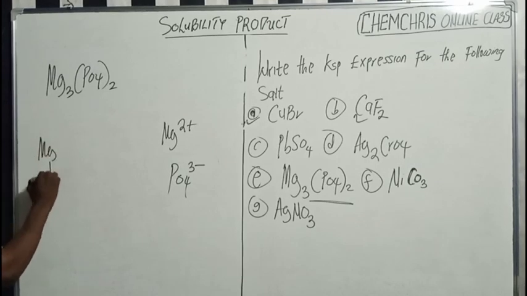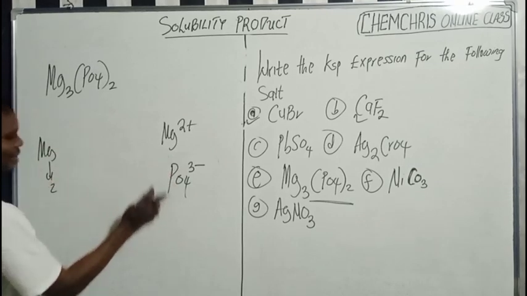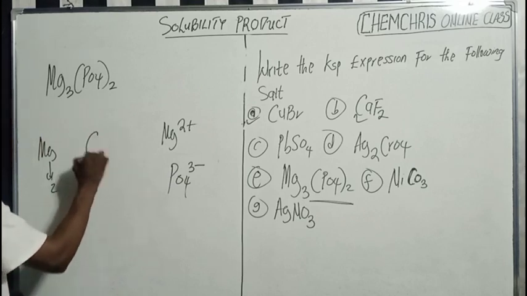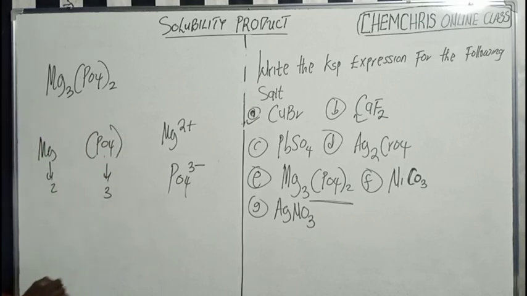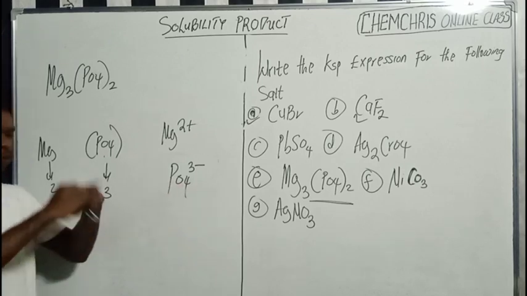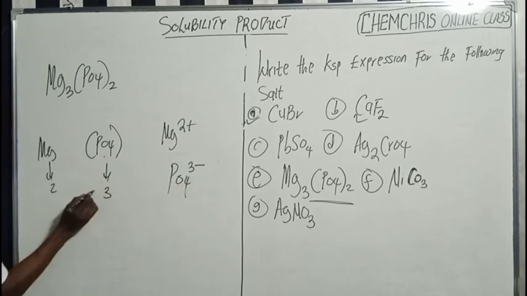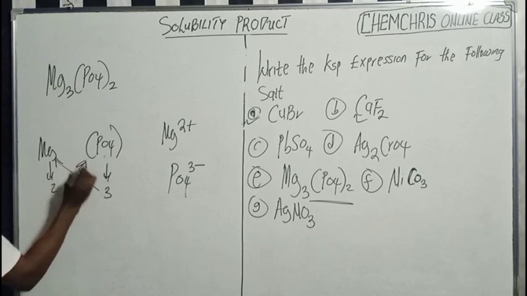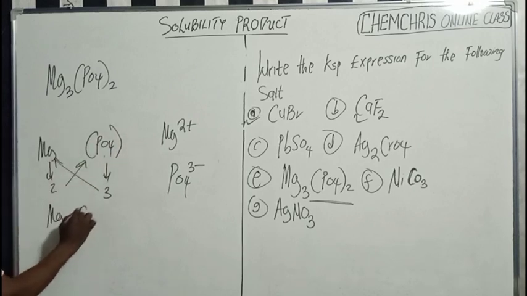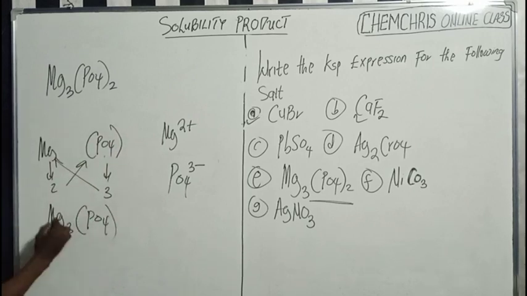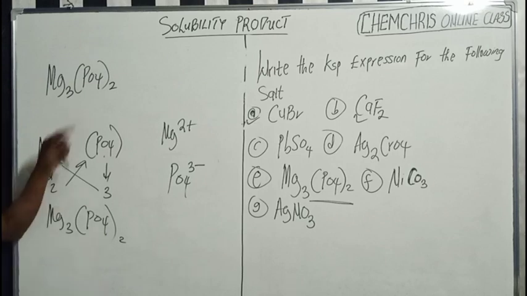Here we have Mg, which is 2, and PO4, which is 3. Because PO4 is a polyatomic ion, you group it. So this moves here and this moves here. When you do that, here we have Mg3, then PO4 in a bracket, and here we have 2. Then it forms this other one.